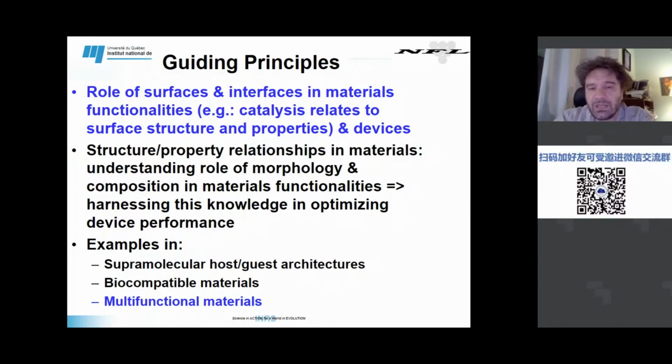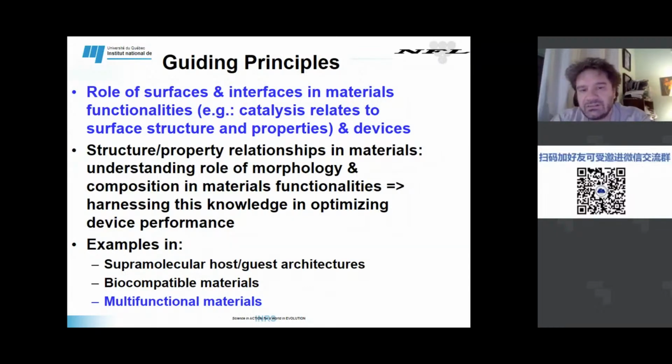So we take a structure-property relationship viewpoint in the sense that we want to understand how morphology and composition determine the functionalities of a material. And in particular, as I mentioned, in a nanoscale system, we focus on the surfaces and the interfaces of these systems.